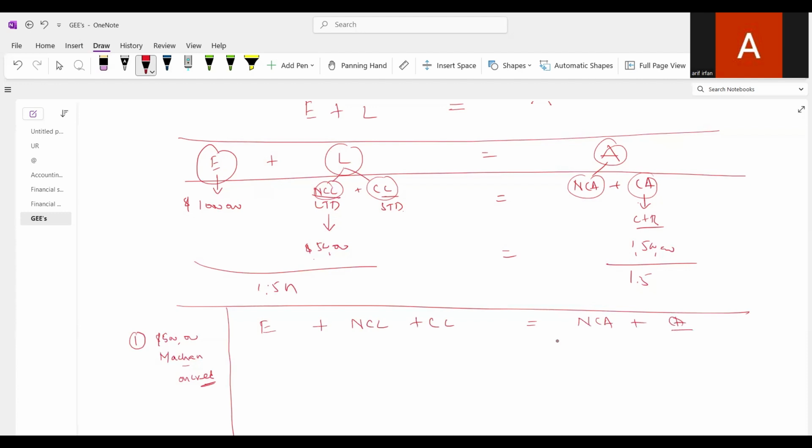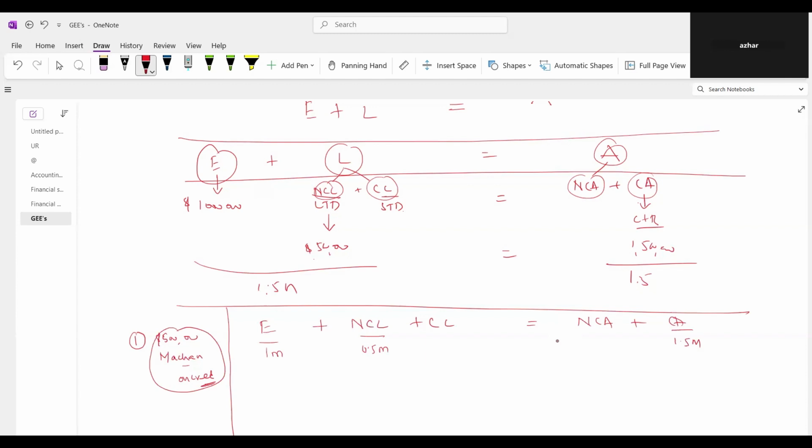Currently, we have assets of 1.5 million, 0.5 million non-current liability, and 1 million equity. Now you tell me how this transaction affects these 5 elements. All elements, one element, two elements? Go ahead, please.